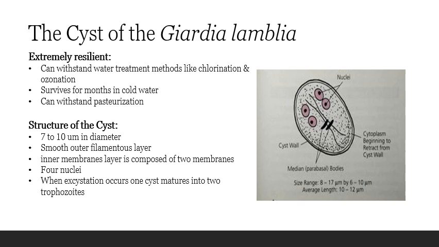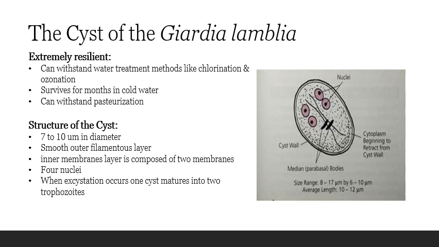Okay, so let's look at the structure of the cyst. It actually has 4 nuclei. And when excystation occurs, it hatches 2 trophozoites, which is pretty interesting.